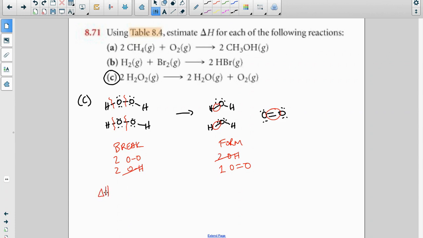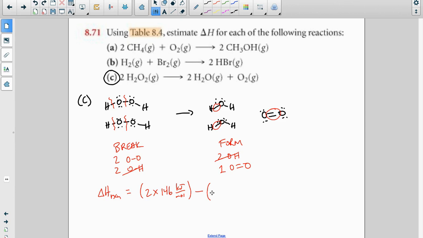So my delta H of reaction is going to be 2 times my OO bond, which is 2 times 146 kilojoules per mole. And then subtract off the bond that's being formed, which is 1 double bond.